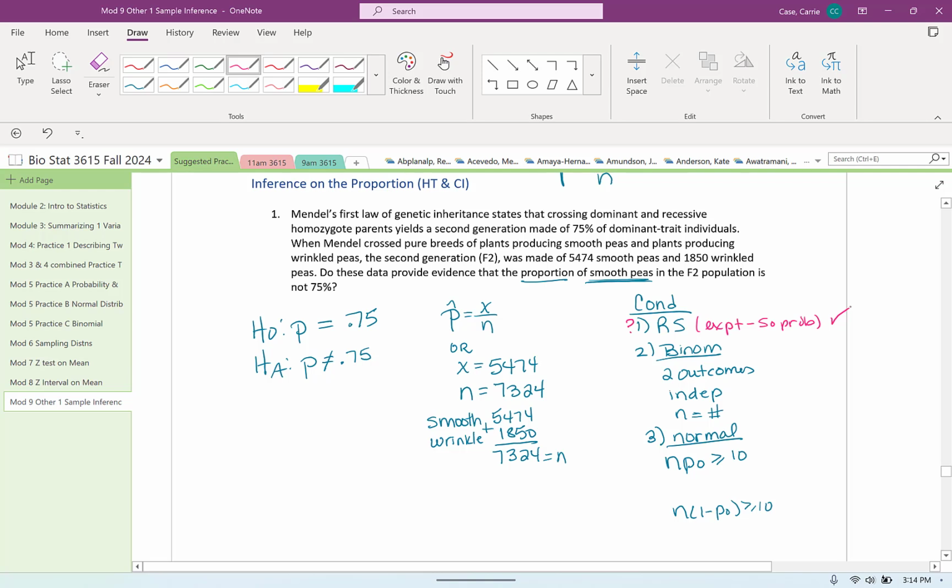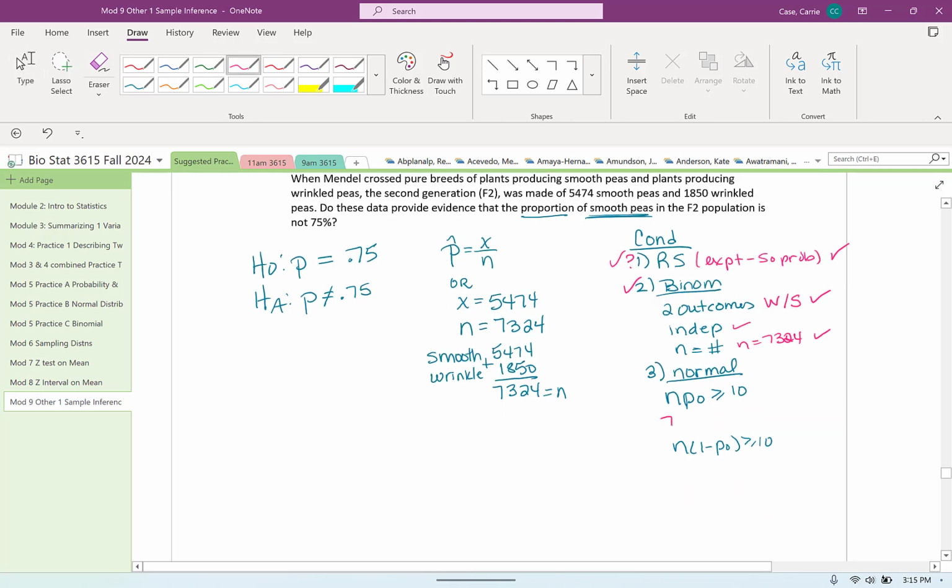We're just going to put a check mark there because remember, sometimes in biology, this one's ignored. Independence just means we have to have a much larger sample size. Well, there are tons of peas produced throughout the year. We either have wrinkled or smooth. There are only two outcomes. The sample size was 7324. And so that condition of binomial is met.